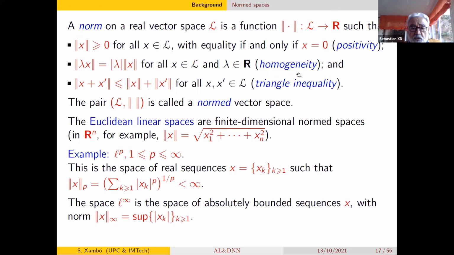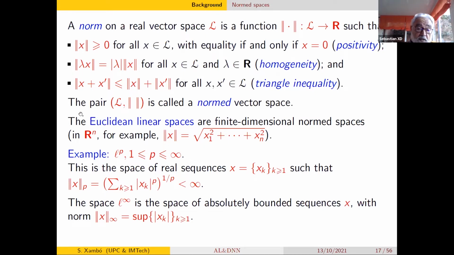The second property is homogeneity, and it means that the norm of lambda x is the absolute value of lambda times the norm of x, for all x in L and lambda in the real numbers. And finally, the third one, the triangle inequality, says that the norm of a sum is less than or equal to the norm of x plus the norm of x prime.